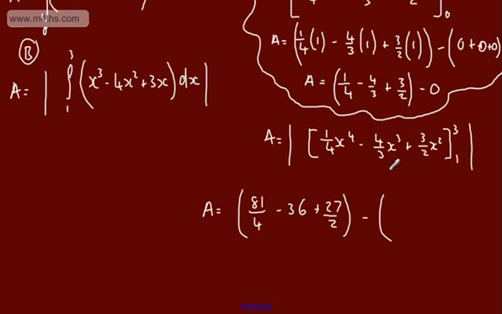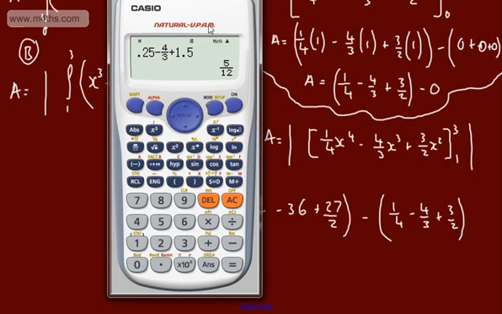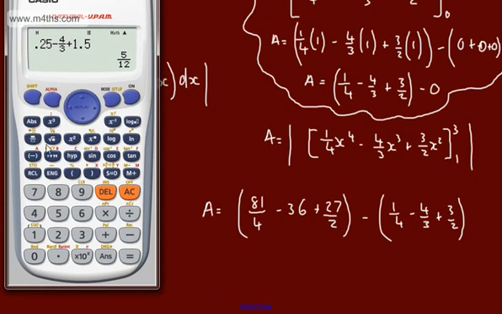In the exam, you'd want to show this, so you'd want to put down 1/4 minus 4/3 plus 3/2. Okay, so let's go ahead and put this through a calculator and find this value. At the end, I'm just going to subtract away my answer. So what I've got then is 81/4, and I'm hoping my math stacks up here. If it doesn't, I apologise, and hopefully you can see exactly how I'm doing this.